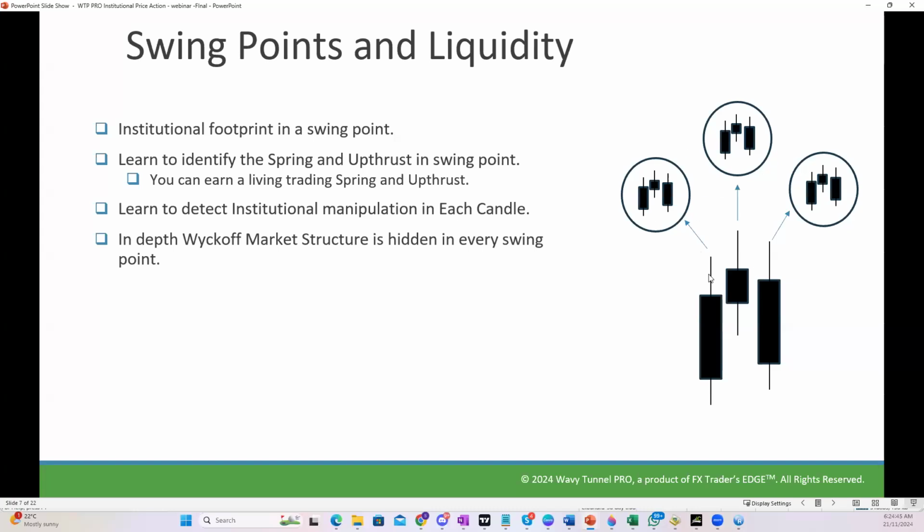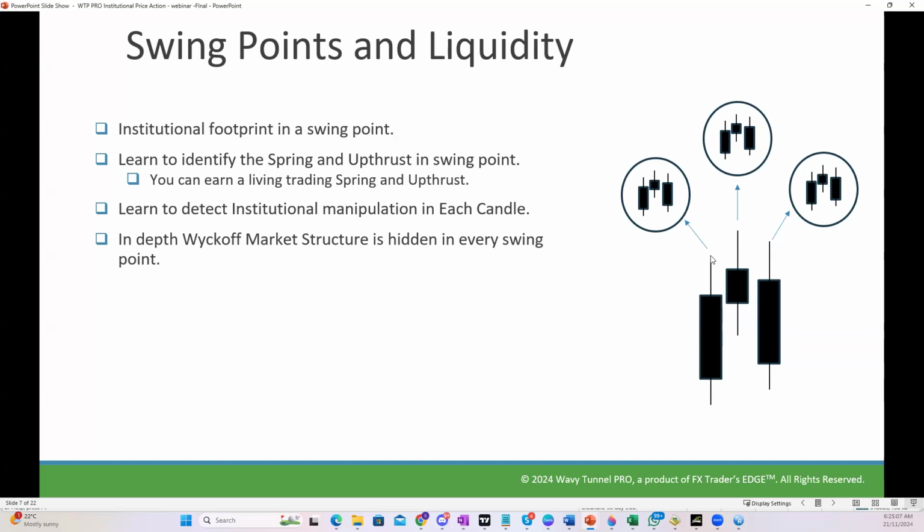Before I go into this swing point, I just want to tell you that on every single candle, you will find a swing point up and a swing point down. So this is where we can try to catch this particular pattern on a single candle. Before this swing point, this is our candle number 1.